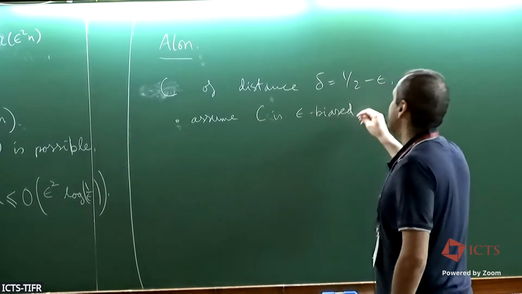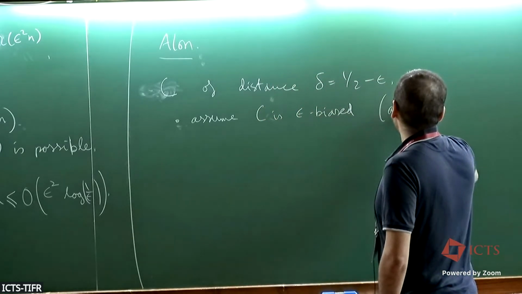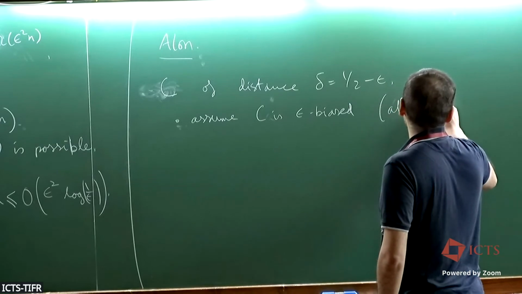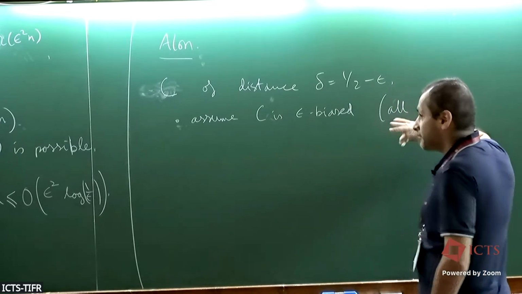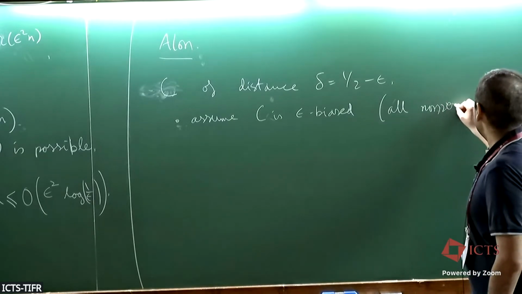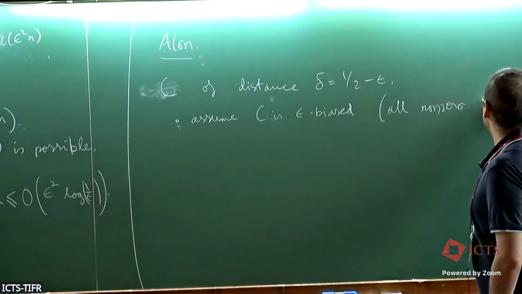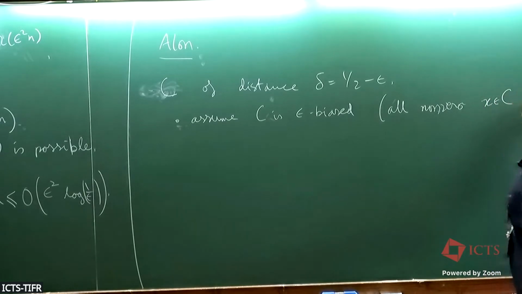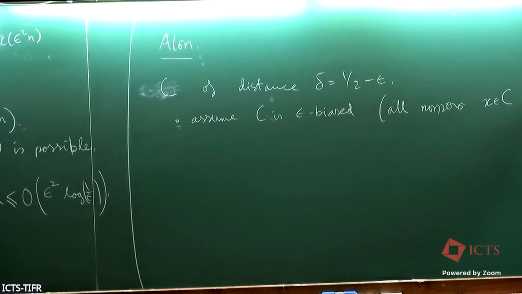What does biased mean? It means that all non-zero words x in the code have number of ones in half minus epsilon n to half plus epsilon.